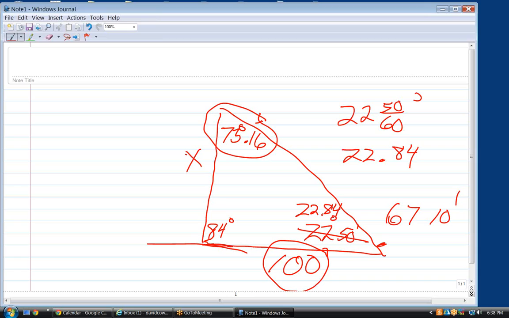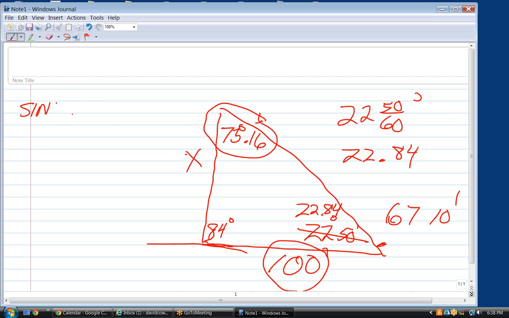So using the law of sines, what can I write? Start with the angle that has the opposite side.